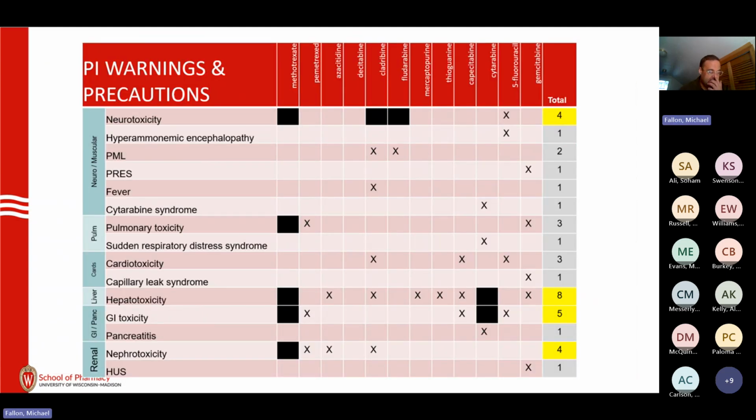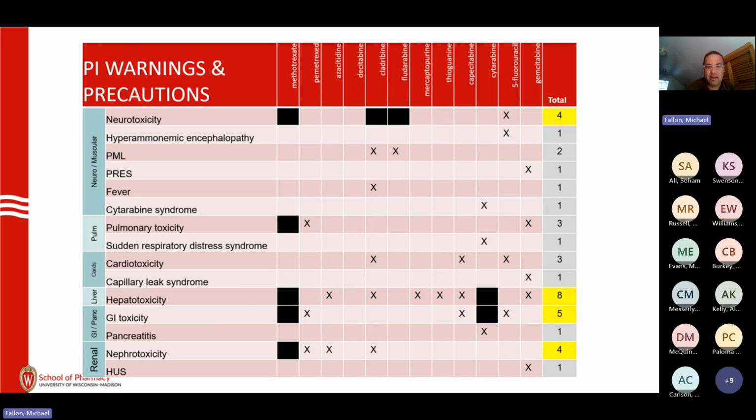This class has 28 black box warnings, with some overlap with alkylating agents, and then other new ones here. Neurotoxicity again is a higher adverse effect, as far as the number of adverse effects with either black box warnings or package insert warnings.